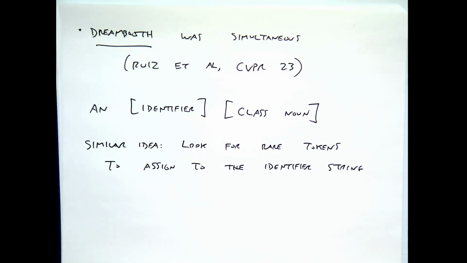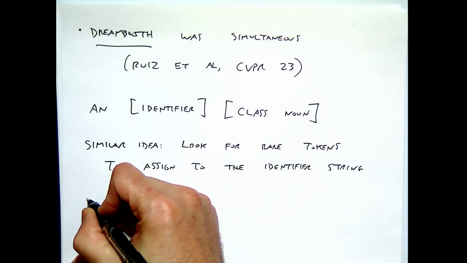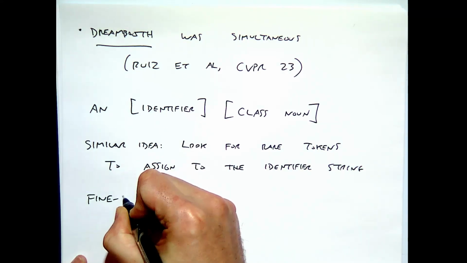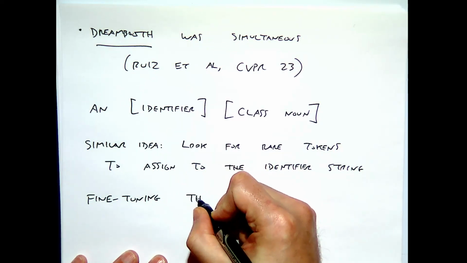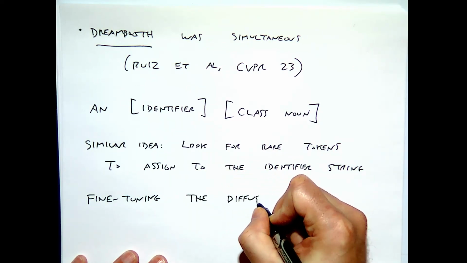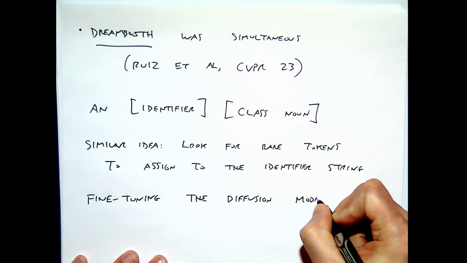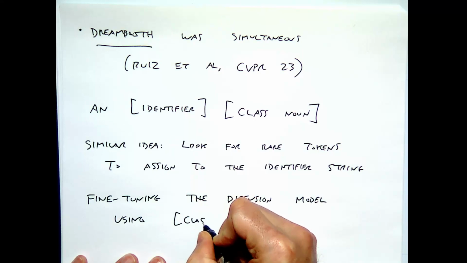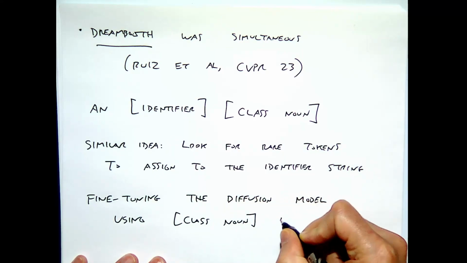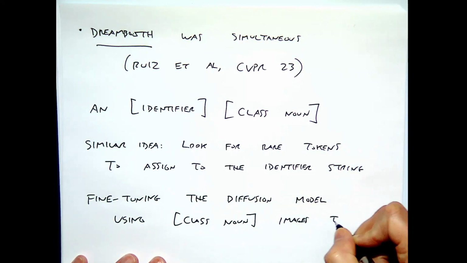And so the key difference was that textual inversion was only optimizing the new embedding of the concept. DreamBooth is basically fine-tuning the parameters of the diffusion model on top of that. So basically, this is fine-tuning the diffusion model, using this idea of class noun images to regularize.